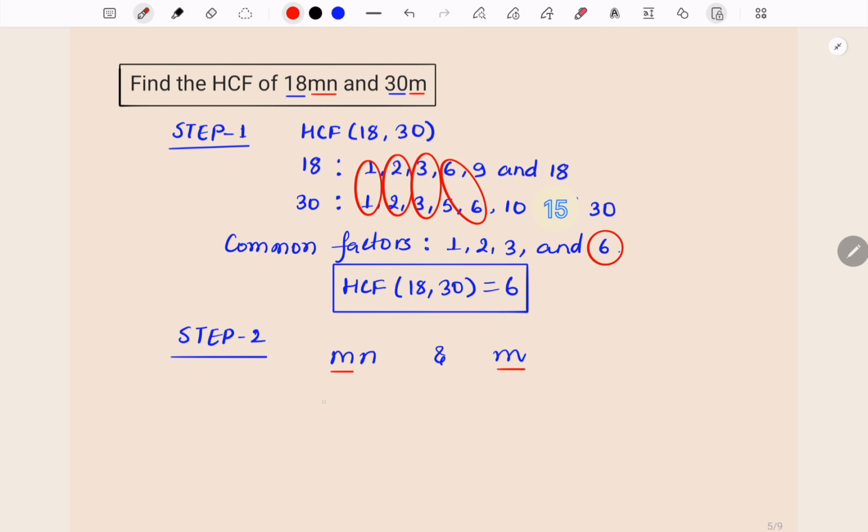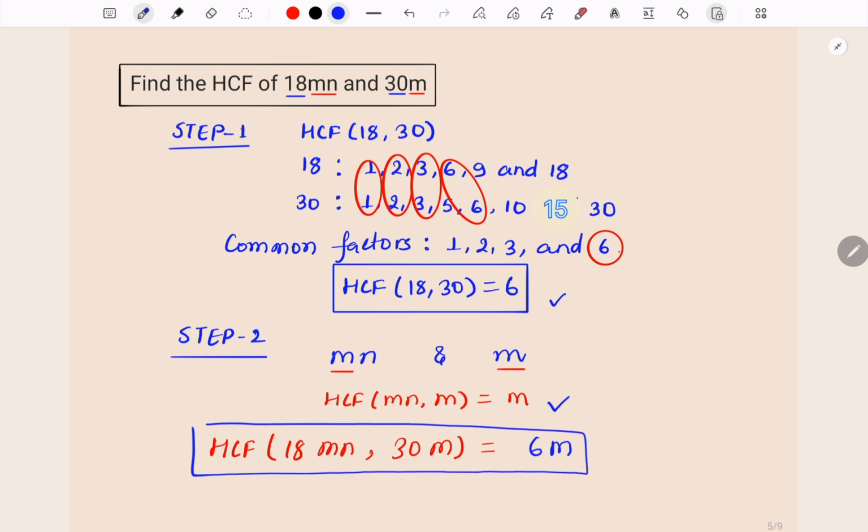So the HCF of mn and m will be m. So now we will combine the results of step 1 and step 2. So finally the HCF of 18mn and 30m is equal to 6, that is the result of step 1, and m, that is the result of step 2. So the HCF is 6m.